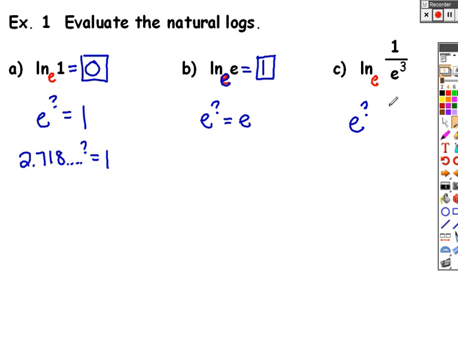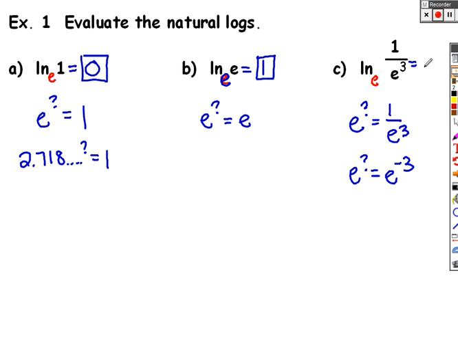So e to what power equals 1 over e to the third power? Well, 1 over e to the third power is the same as e to the negative third power. So this answer would be negative 3. E to the negative third power would give me 1 over e cubed.